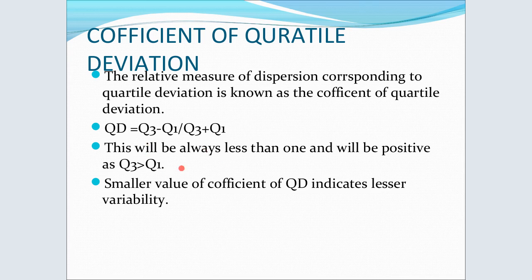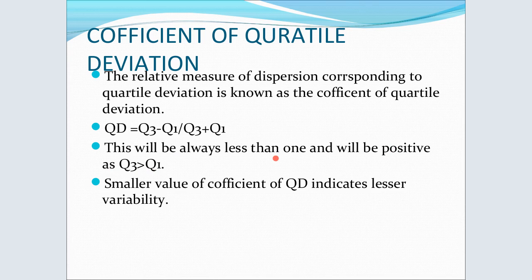And mind you, wherever you're going to calculate this, there is a note. This will always be less than 1 and will be positive as Q3 is greater than Q1. It is going to be less than 1 and always positive.